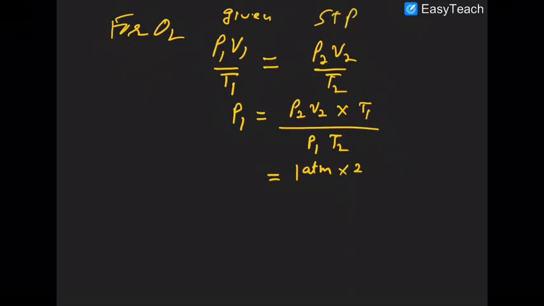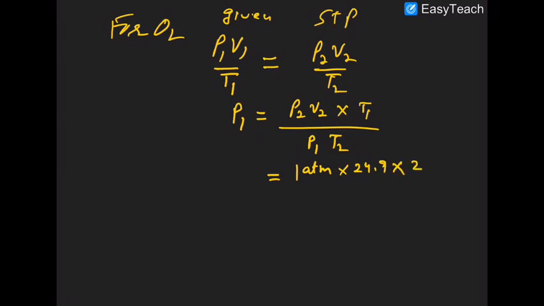What is V2 given? 24.9. T1 is given as 290 Kelvin. T2 is STP, so 273. P1 we have to find out, sorry. V1 is equal to 60 liter. So what is P1 here?